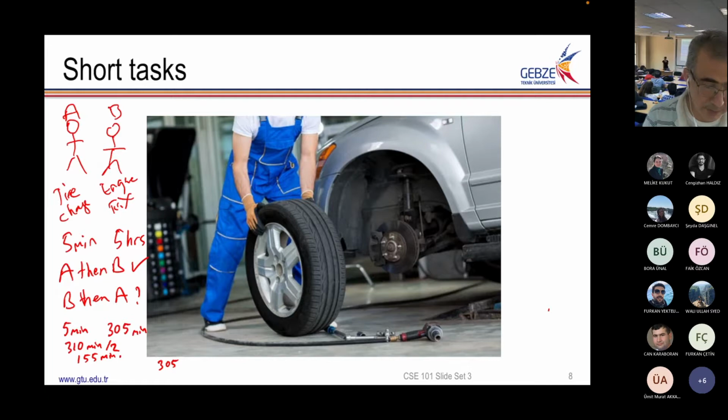The second customer will be waiting for 300 minutes. And total waiting time will be 605 minutes. And average waiting time will be 302 minutes. So the average waiting time will be increased significantly, and the tire change customer will be unhappy.